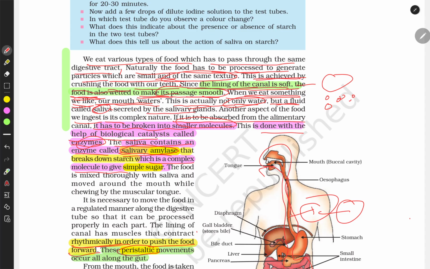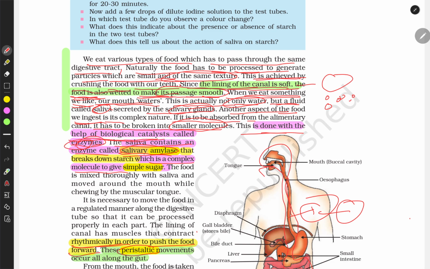And saliva is secreted by the salivary glands. Another aspect of the food we ingest is its complex nature, and to be absorbed from the alimentary canal it has to be broken down into simpler and smaller molecules. This is done by biological catalysts called enzymes.